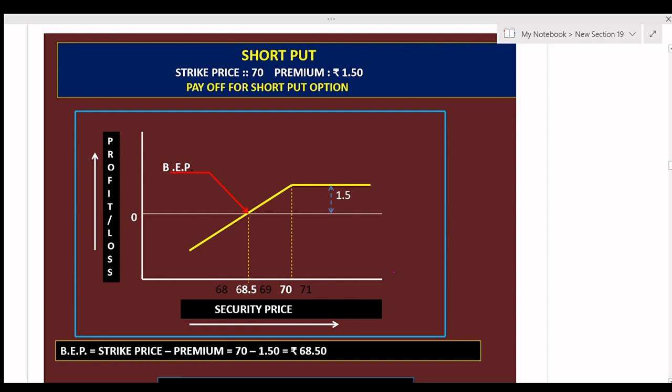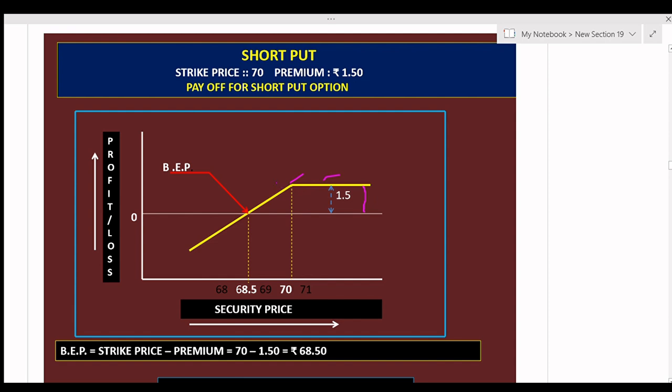Strike price is 70, premium is 1.50. Break-even point is strike price minus premium, that is 70 minus 1.5 is equal to 68.50. And if the spot price increases higher than the strike price, then he will gain a constant profit, that is limited profit, that is 1.5.